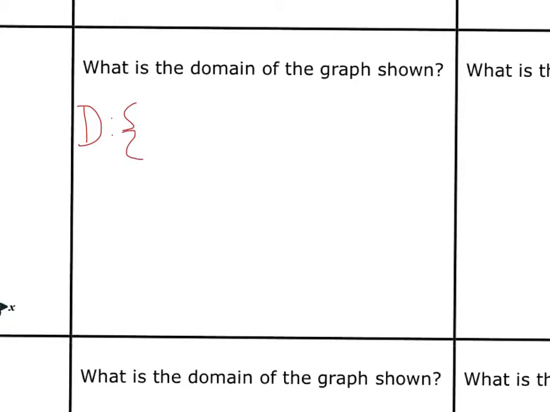I'm going to draw that fancy little bracket. That means that my domain contains all of these points. And if I remember correctly, our domain was 10, 20, 30, 40, and then you have to fill out the other 5.